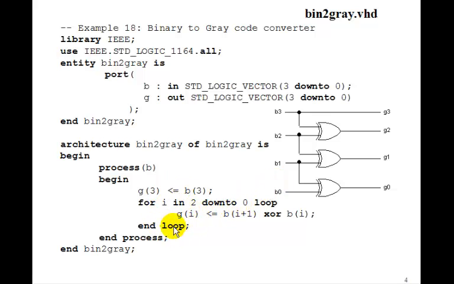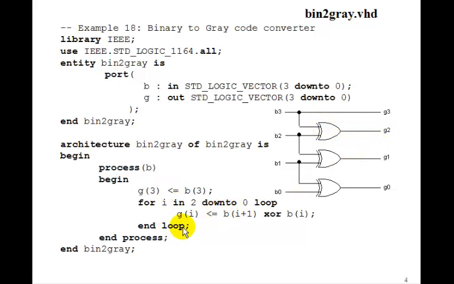Now, what's interesting to note is that this is the hardware that gets generated. Remember, this for loop is a VHDL for loop, and remember VHDL is a hardware description language, so we're generating hardware. So this first statement just basically connects this output G3 to B3, and then the first time through this for loop, G2 is just B3 exclusive OR with B2, so this exclusive OR gate is generated.